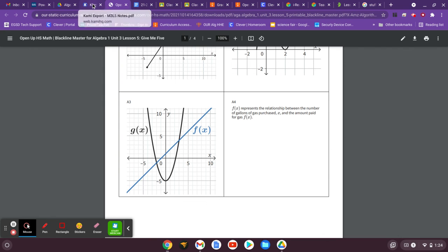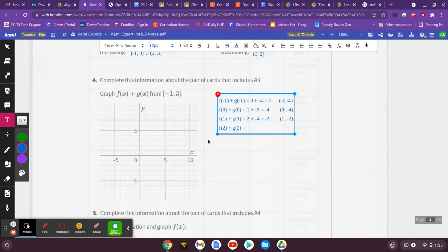Okay. So what did I say? 3 and -1. So 3 plus -1 equals 2. So that is 2 comma 2, right? Okay.